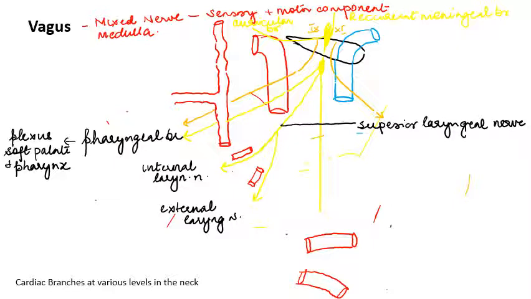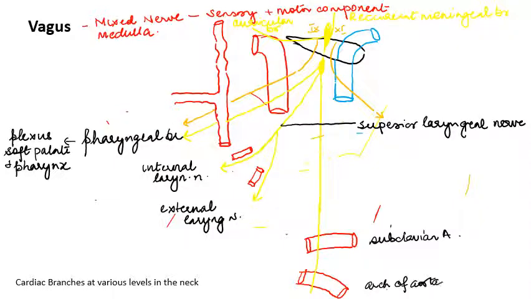So it goes first anterior to the subclavian artery and enters into the thorax. It is behind the brachiocephalic veins, anterior to the subclavian artery. Thereafter, it moves anterior to the arch of aorta. This is the arch of aorta.